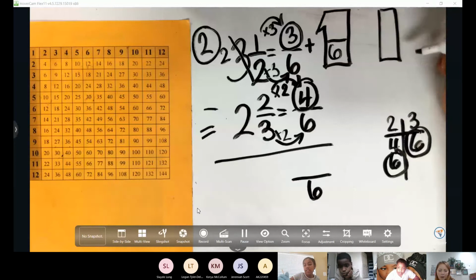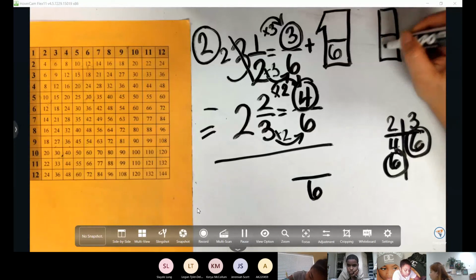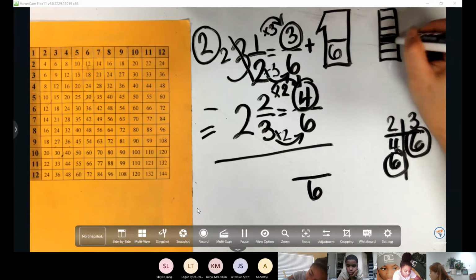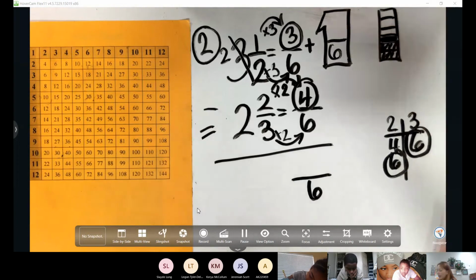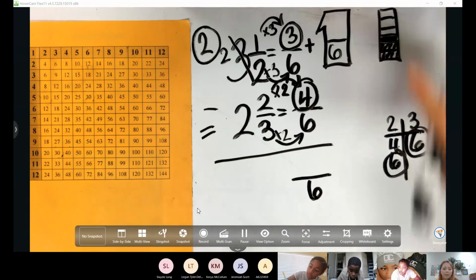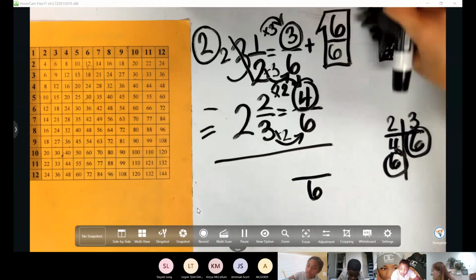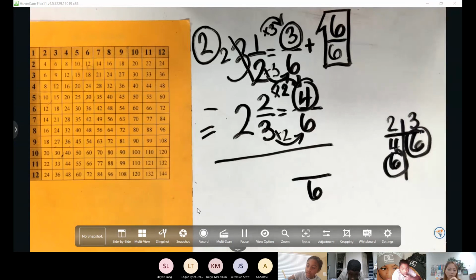If this was a Kit Kat bar, and I have 6 pieces in this Kit Kat bar. If I ate 3 pieces, I didn't eat the whole bar. So how many pieces should I be eating? Perfect. Okay, the top number has to be exactly the same as the bottom number in order for us to get that fancy one. It's not that hard. It's just a rule we have to remember.